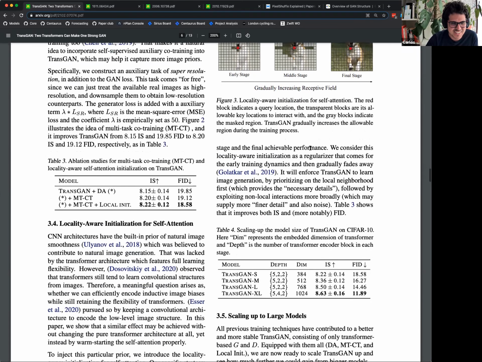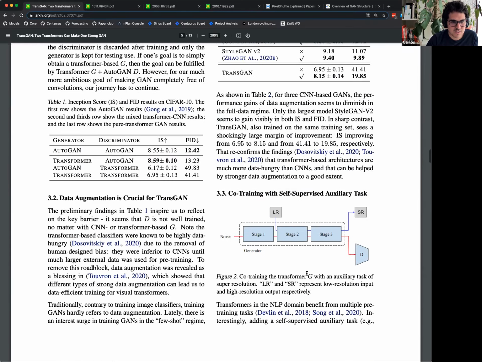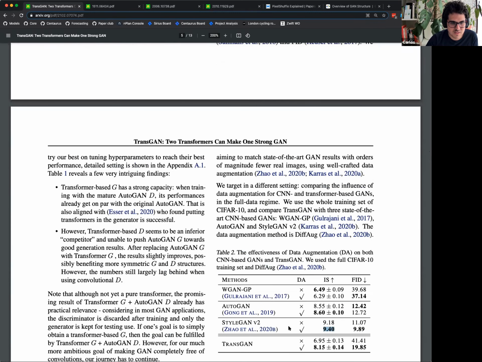Okay, cool. So that's what they show here, is that with this local initialization procedure, they actually get a significant improvement from just data augmentation. So again, this is interesting, but it is still not state of the art. The state of the art is this StyleGAN v2.